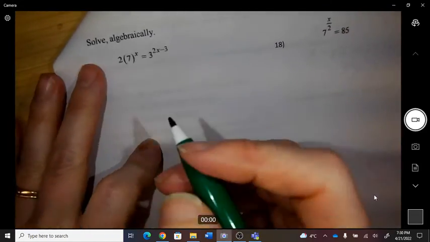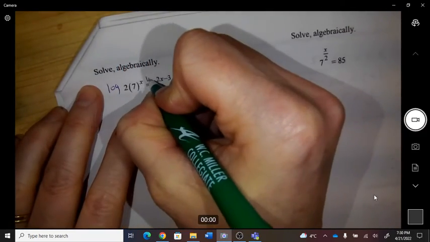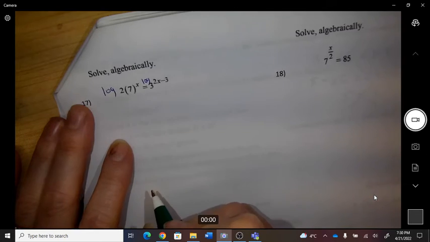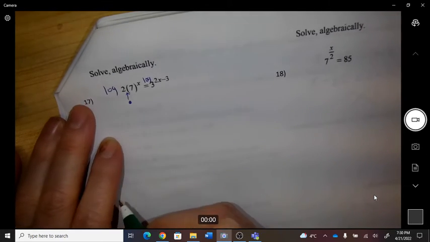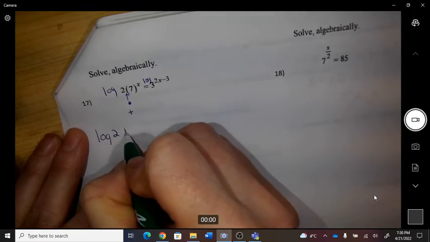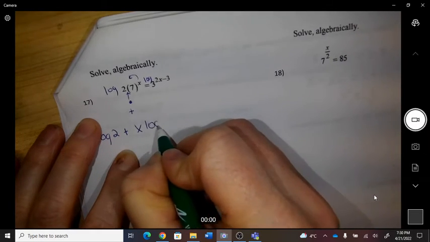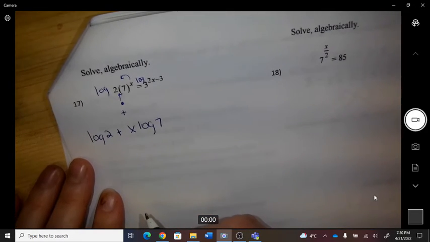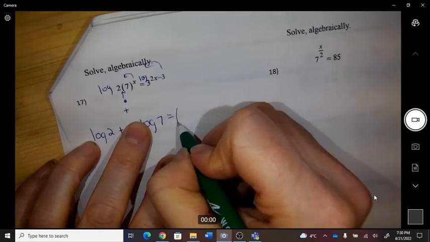Solving algebraically again, so I can't do same bases, so I'm going to log both sides. So the rules: that's multiplied, so now it's going to add. So log 2 add, this will be in the front, so x log 7 equals, this will move into the front.